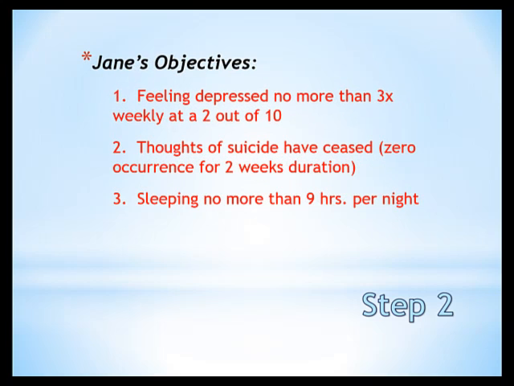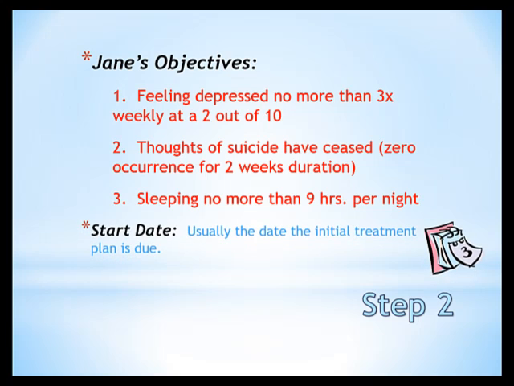Feeling depressed no more than 3 times weekly, a reduction from daily, at a 2 out of 10, a reduction from 7. Thoughts of suicide have ceased, 0 occurrence for 2 weeks duration, a reduction from 5 times daily, and sleeping no more than 9 hours per night, a reduction from 12 hours per night.